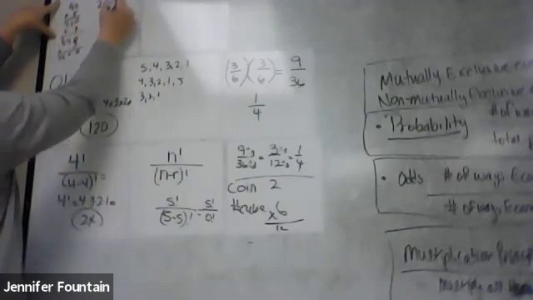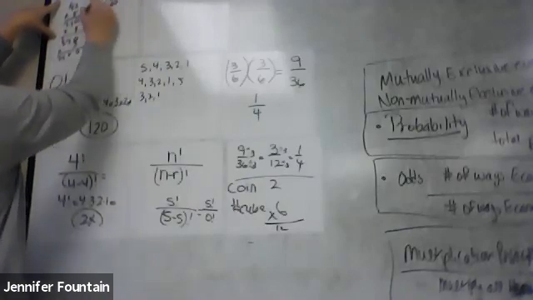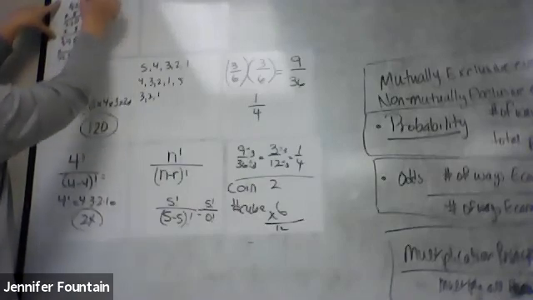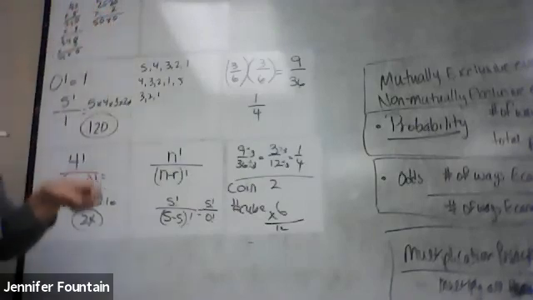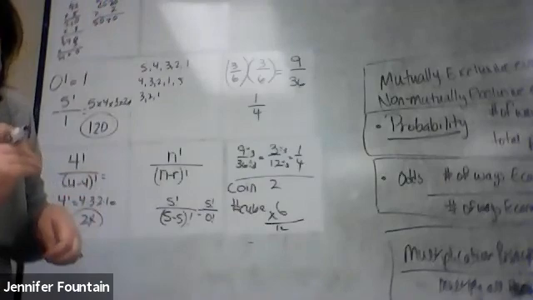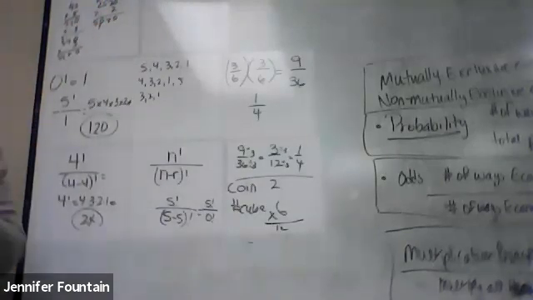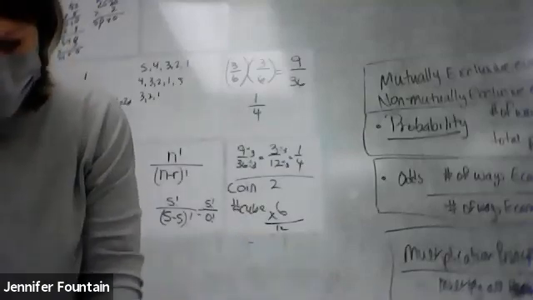We multiplied that by 3. What did I just do? 2,520 times 2 is 5,040. So what letter? Look at letter C, 5,040 permutations.